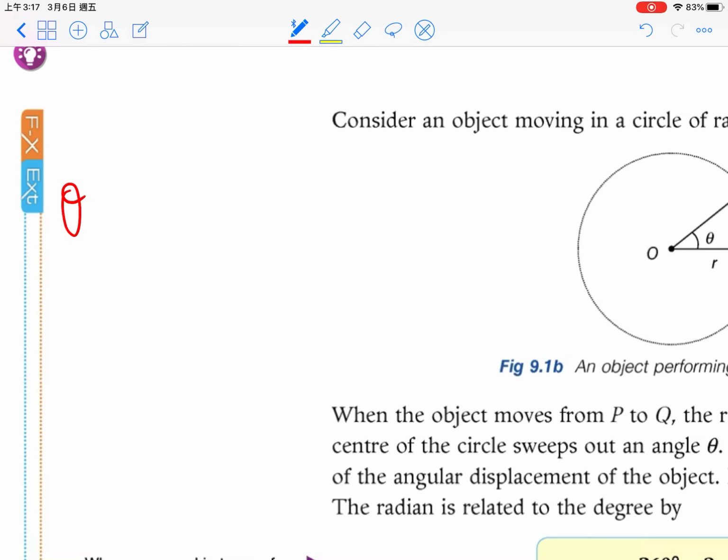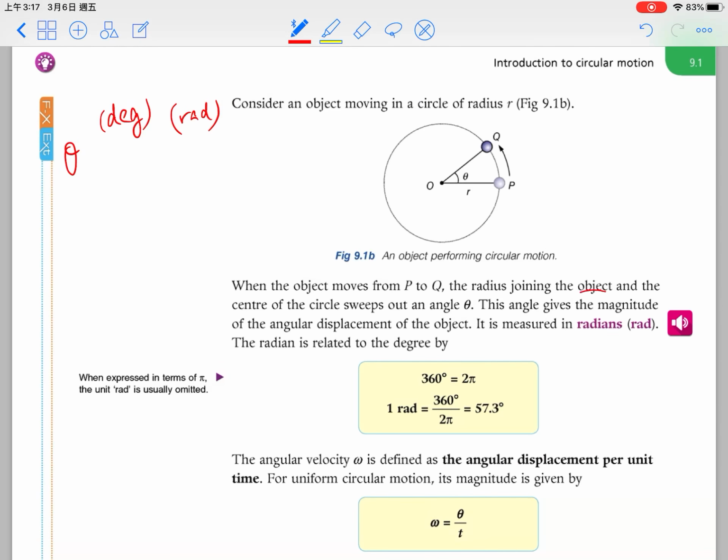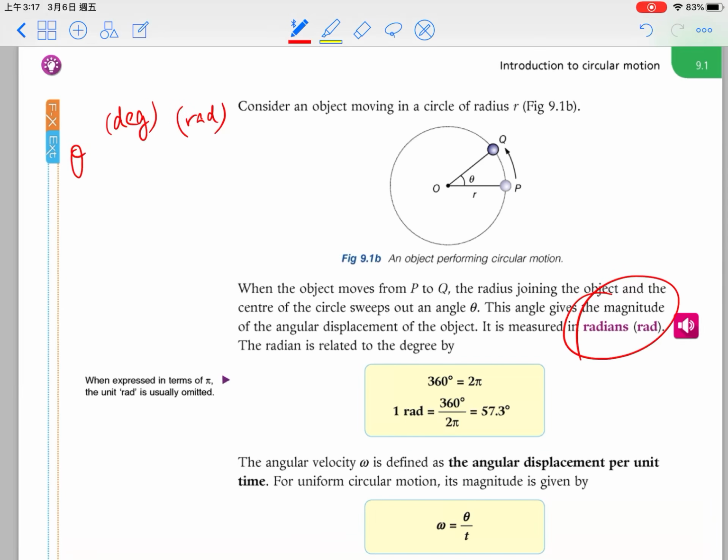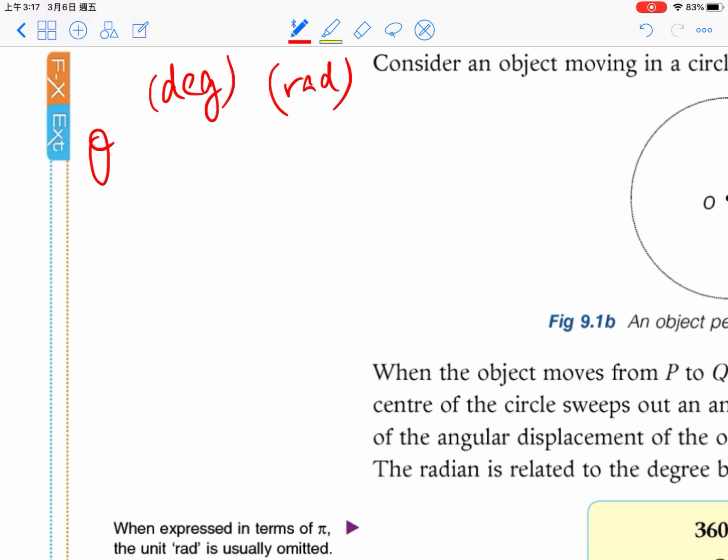For the angular displacement, we will use degrees, and also we use another unit called radian. We need to know how to change from radian to degree or from degree to radian.